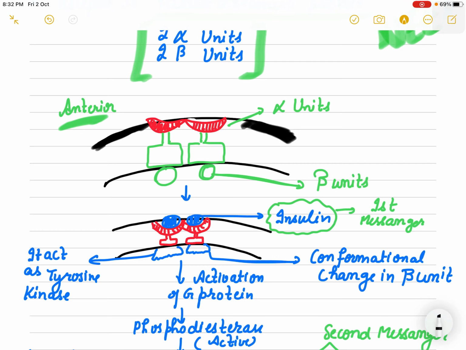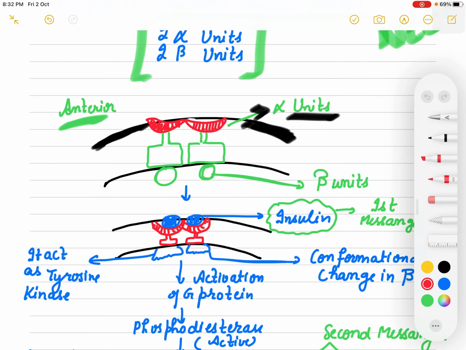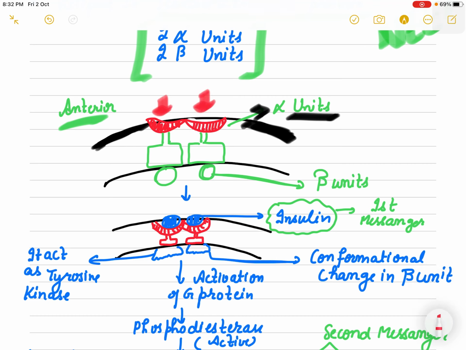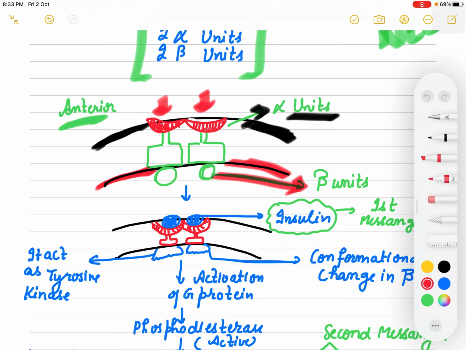On this membrane there are the alpha units. As you can see, this red color is the alpha unit. These are alpha units. Then there is our inner side. On the inner side of the membrane, there is the beta unit, right?